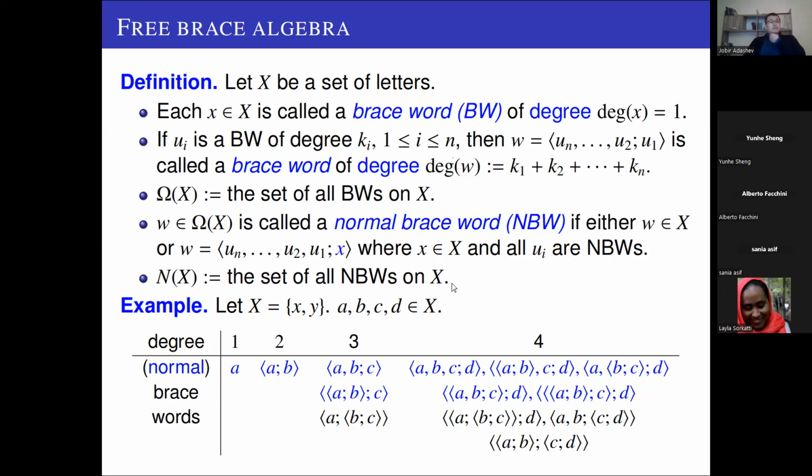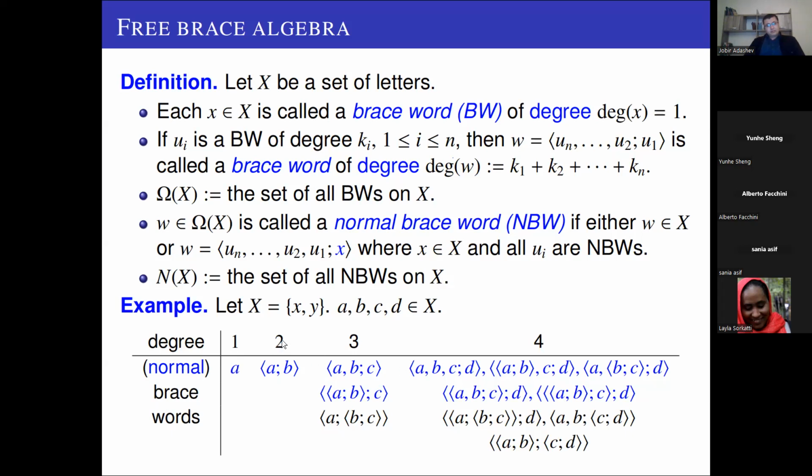For example, here X is the set {x, y}, and we let a, b, c, d be from X. For a degree 1 brace word, we have this type, a. a could be x or y. So the blue ones are normal brace words.